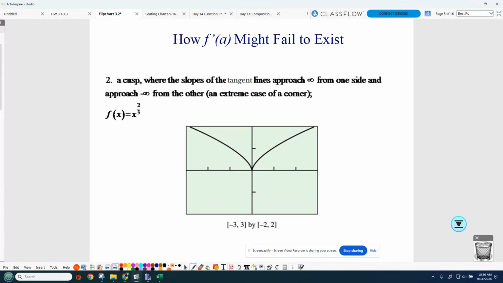Curvy corners are also a problem. Lily, doing power rule, what is the derivative of this? 2/3 x to the -1/3. She said -1/3, and I'm just going to write it down there. Felipe, pre-cal, when is this f prime function not defined?